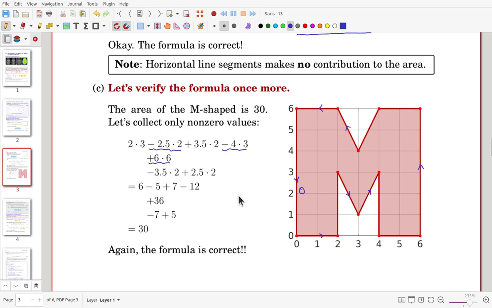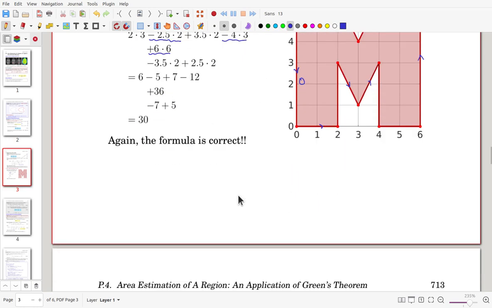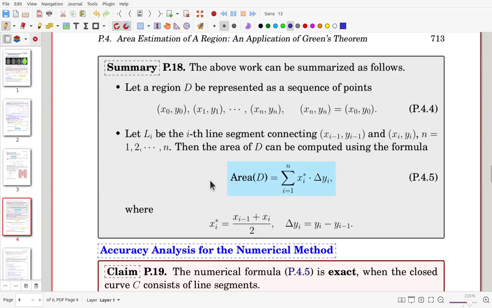We summarize our derivation here. Region D is represented as a sequence of points x0, y0 to xn, yn for a positive integer n. Of course, the terminal point must be the same as the initial point.